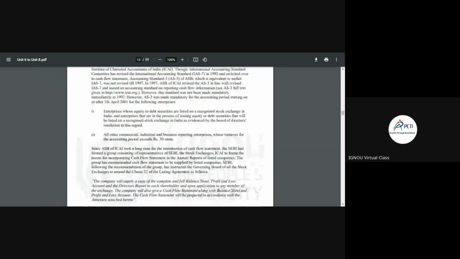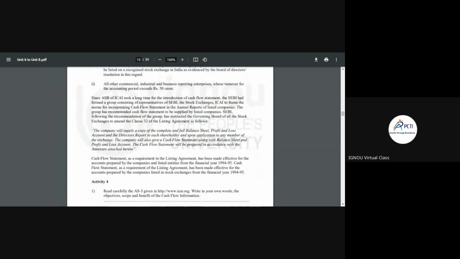So basically, if we are talking about the clause given by the SEBI stock exchange, they amended clause 32 of the listing agreement, and it says that the company will supply a copy of a complete and full balance sheet, P&L account, and the directors' reports to each shareholder. And upon application to any member of the exchange, the company will also give a cash flow statement along with the balance sheet and P&L account. The cash flow statement will be prepared in accordance with the annexure attached hereto.